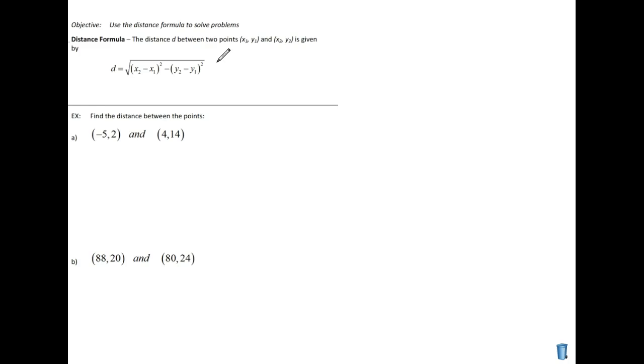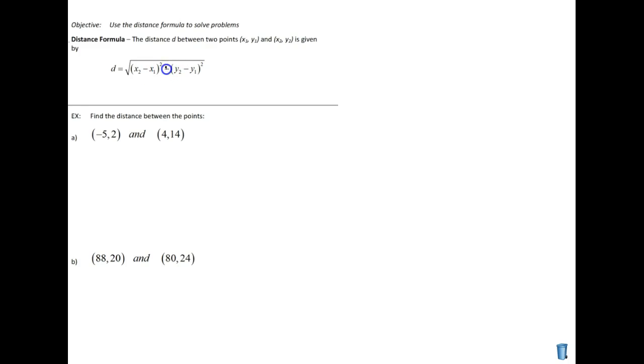Notice a problem here. This distance formula should have a plus here, I believe. Let me change that, because that was a mistake on my part.